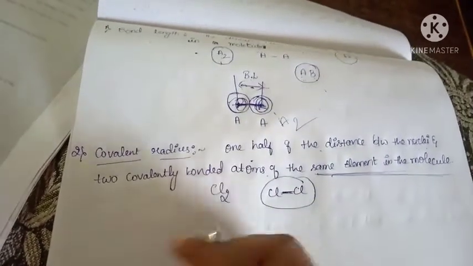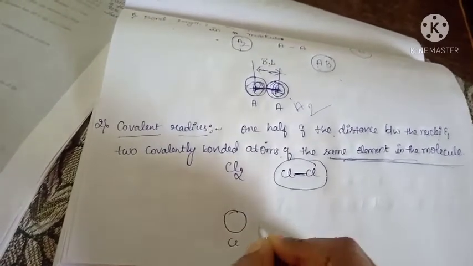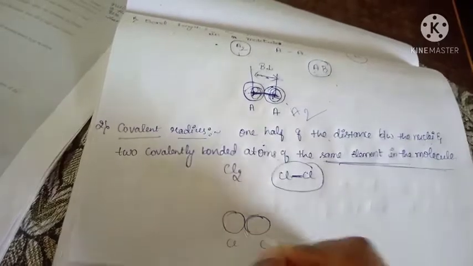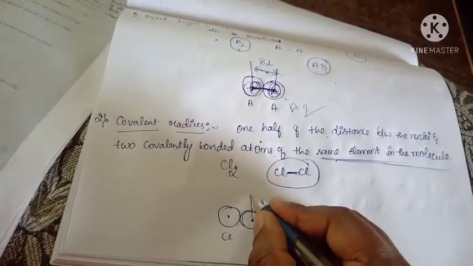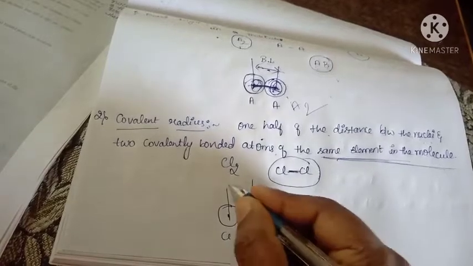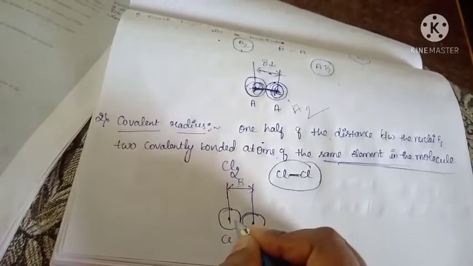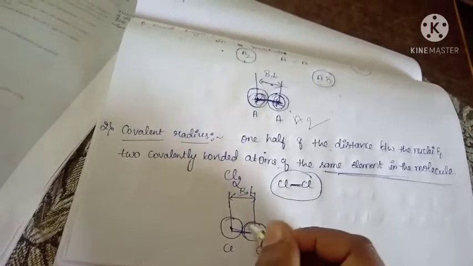Here there are two elements: one is chlorine and another one is also chlorine. The center is called the nucleus. This distance is called the bond length.